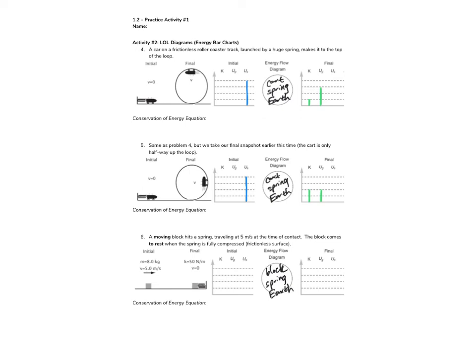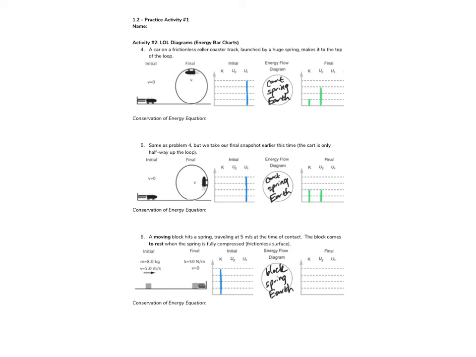Now, initially, our initial snapshot, the block is moving. It is at 0 height, and that spring is not yet compressed. That only happens finally. So initially, the only account that's being filled is our kinetic energy account.